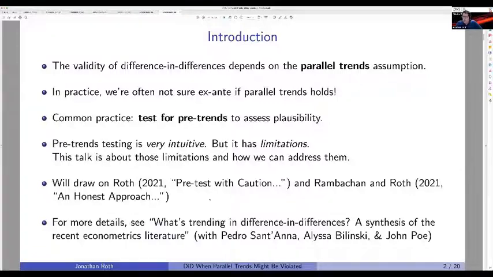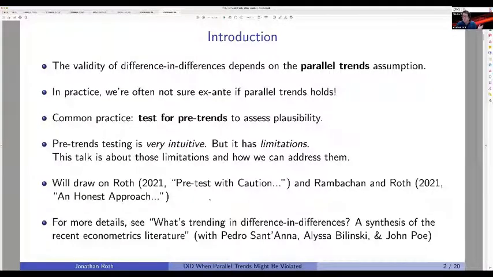where we go over recent developments in difference-in-differences, including a lot of the great stuff on staggered treatment timing that Bacon and co-authors have been doing, as well as a lot of the work that I'll talk about today, as well as some other stuff. We try to show in that paper how all the different pieces of this literature fit together.